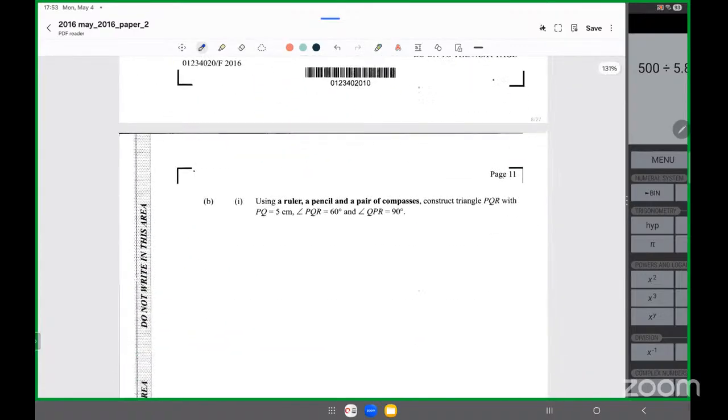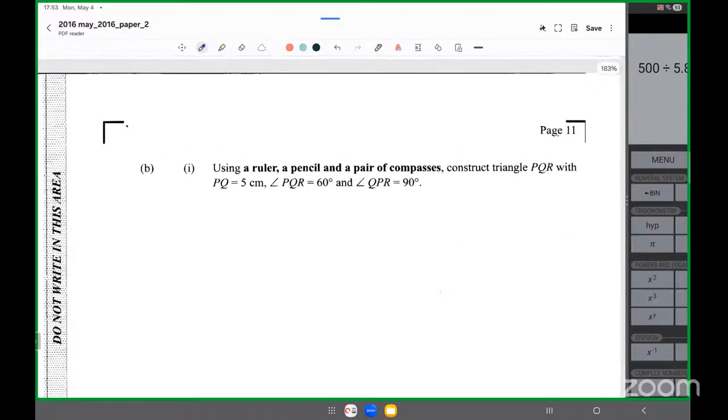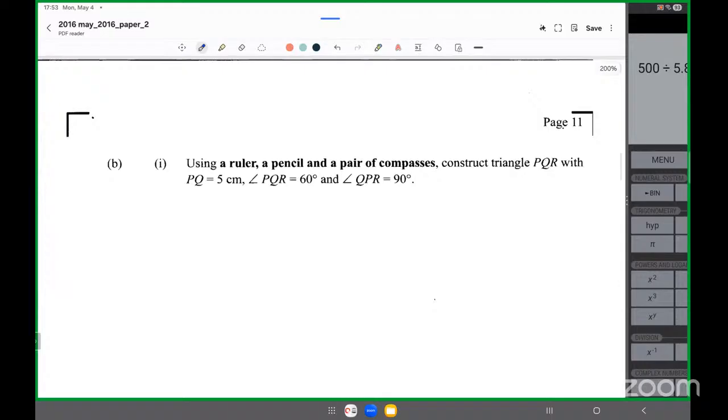All right, done. Next part wants us to do this construction. Use a ruler, pencil, and a pair of compasses. Construct triangle PQR. Let's sketch it out and then we construct. So we must have a line PQ, and it must be 5 centimeters.